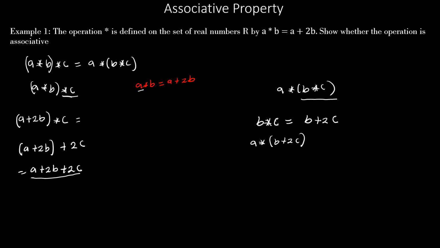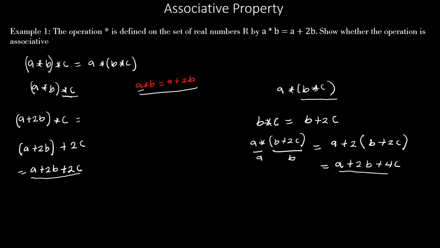Now, in relating this with our definition, we now have A as our A and this as B. So this now equals A + 2 times (B + 2C), which is A + 2B + 4C. So we have A + 2B + 4C.